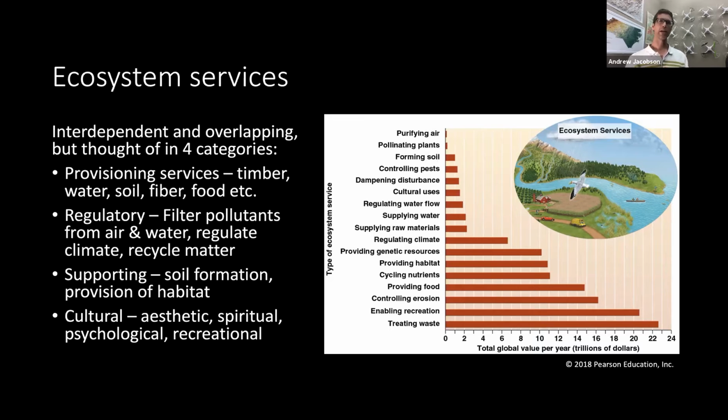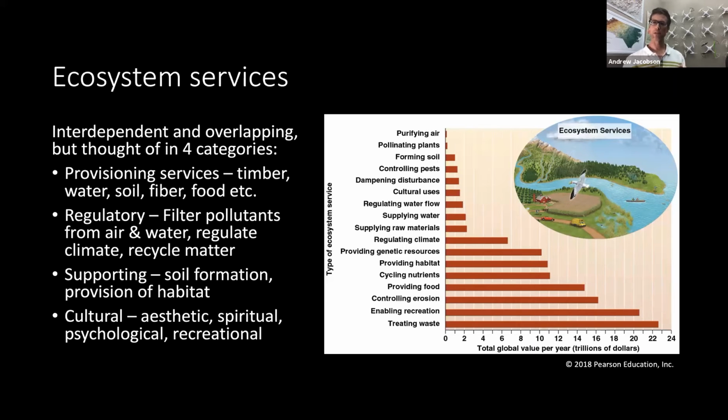Nature provides services that we call ecosystem services to humanity that help sustain our economies, our livelihoods, and our health. Economists have calculated that these services provide tens of trillions of dollars annually to our global economy.